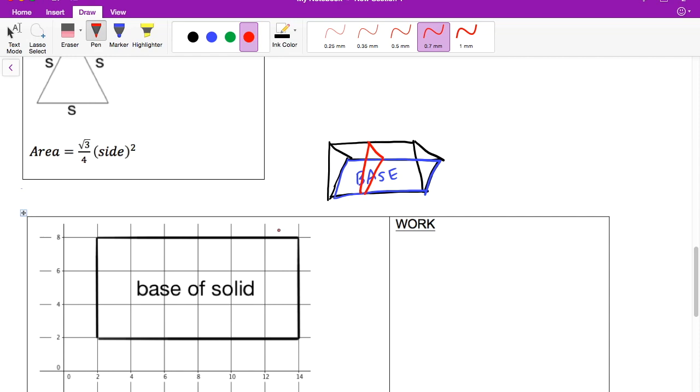So it looks something like this. So the cross sections are equilateral triangles, and here's an example of a slice of that.